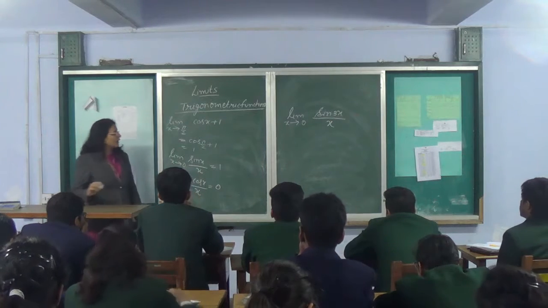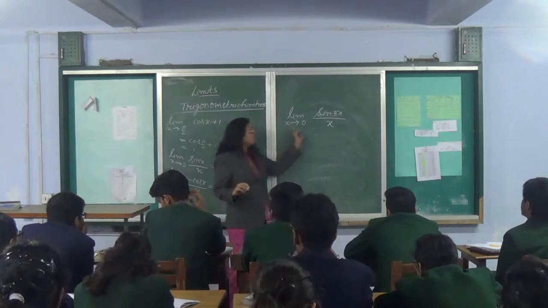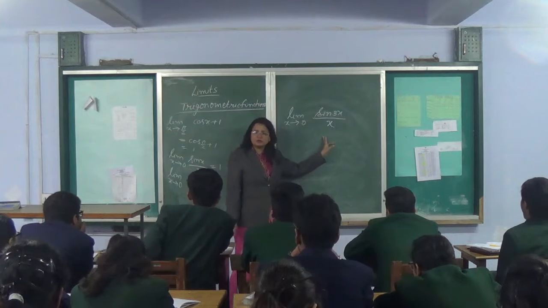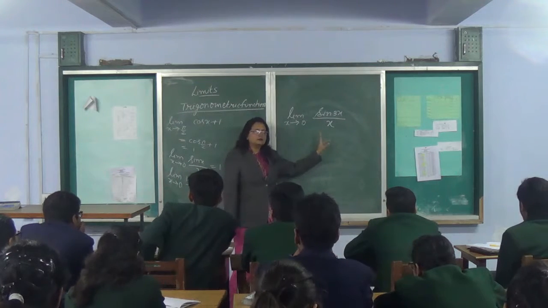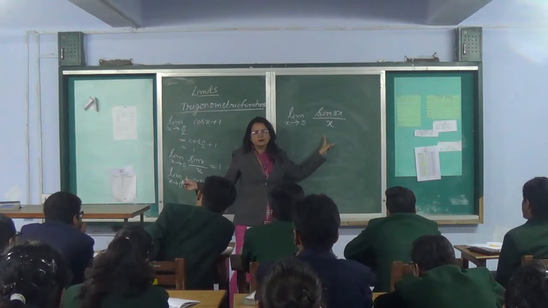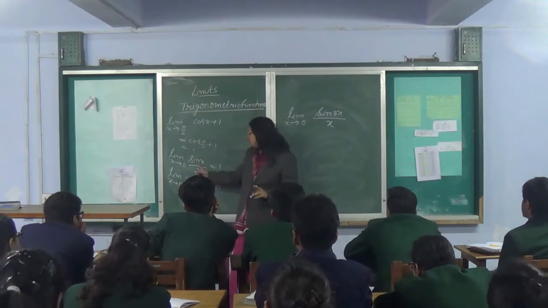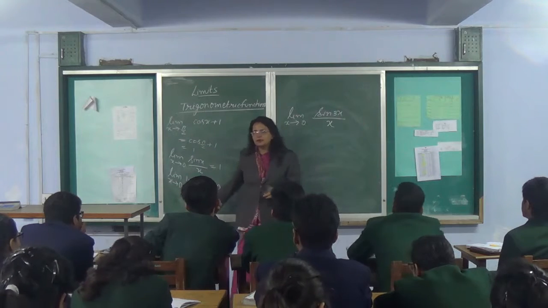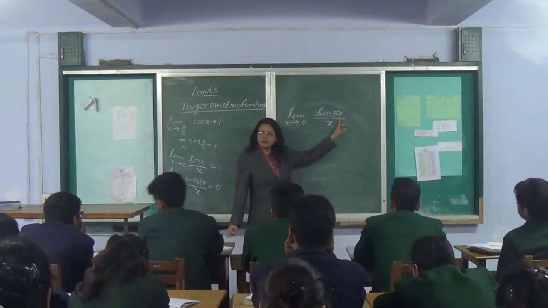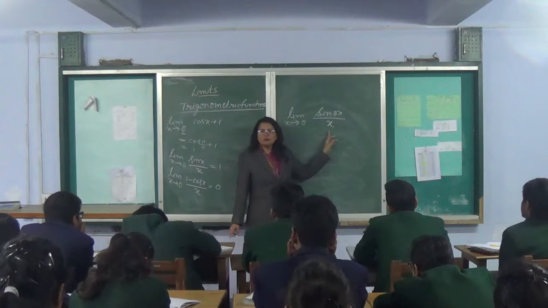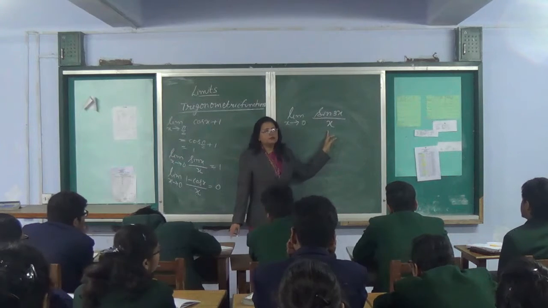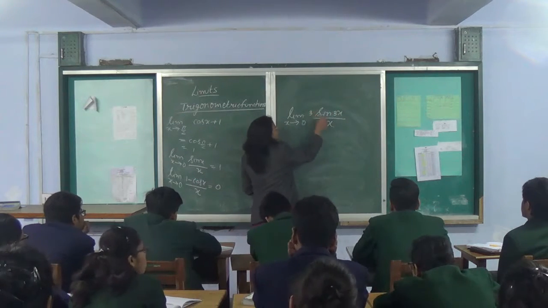So what you have over here is limit x tending to 0 sin 3x upon x. You can't apply this result directly because right now the function is not of this form. Here you have sin x upon x and here we have sin 3x upon x. So what we do is we multiply the numerator and denominator by 3.